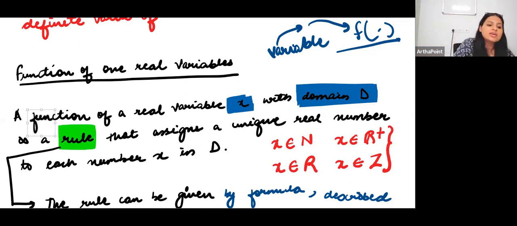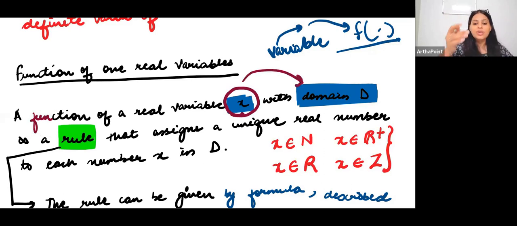Now we are saying that we define this variable x, and this variable x is defined with a space. So we are saying that this x belongs to this place. It belongs to natural numbers. Whenever you put in any value of x, it will always be positive. For example, price and quantity. Whenever you put in any value of price, it will always be positive.